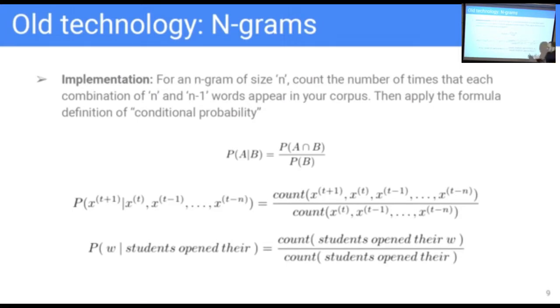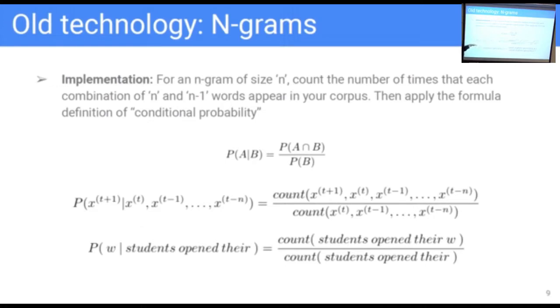And okay, so how do you calculate this probability given a finite amount of data? The only thing that you do is apply the rule of conditional probability. This is the definition of conditional probability: the probability of A given B is simply the probability of the intersection divided by the probability of B, and that's it.